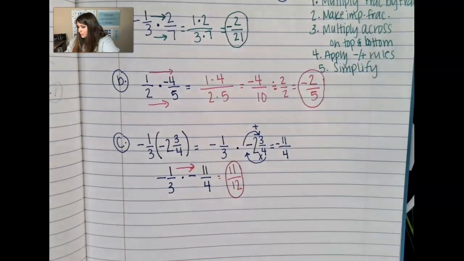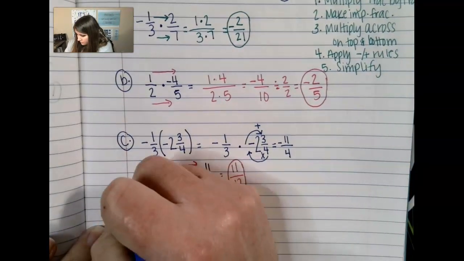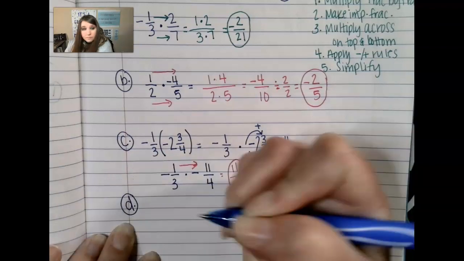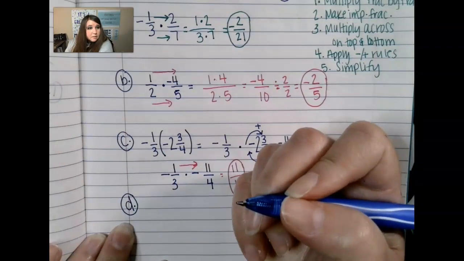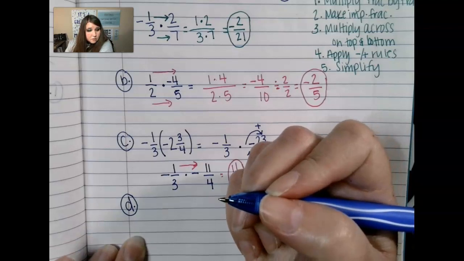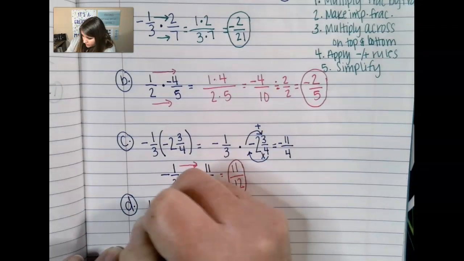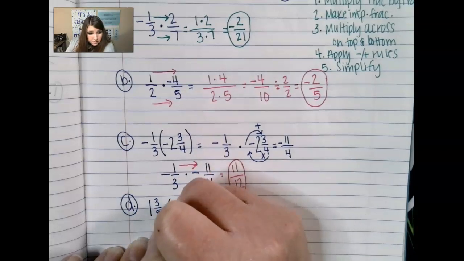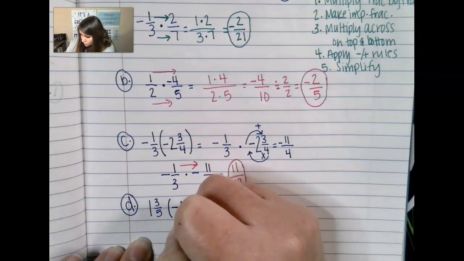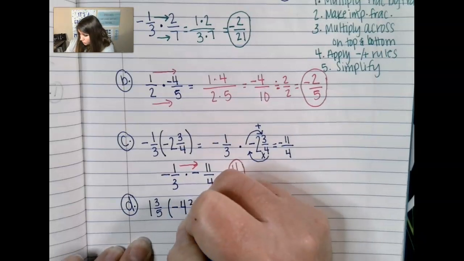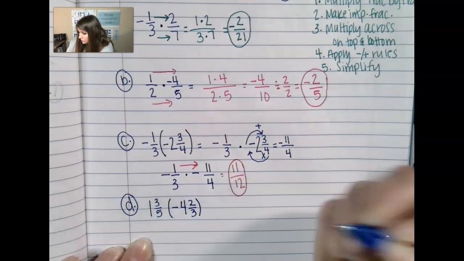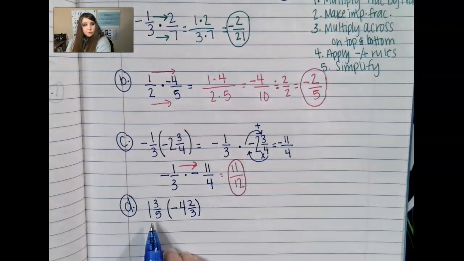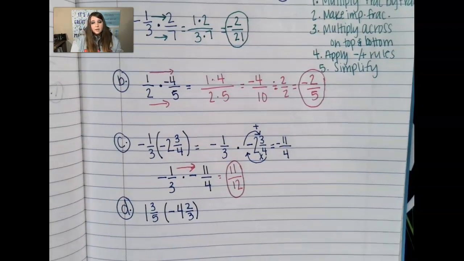All right, so this will be example D. Example D says that I have 1 3/5 times negative 4 2/3. So I have 1 3/5, and then I have negative 4 2/3. So that's my job right there, is to multiply those two things.